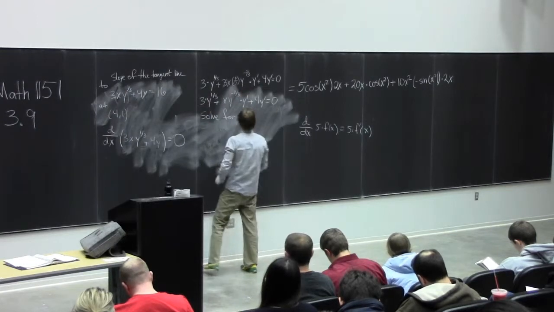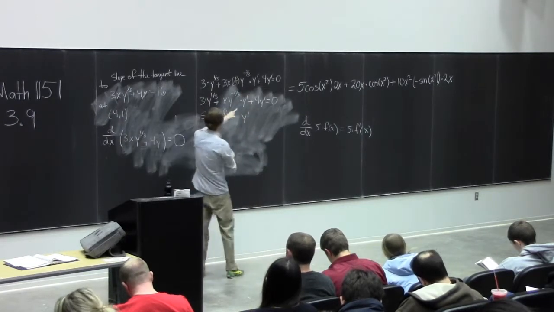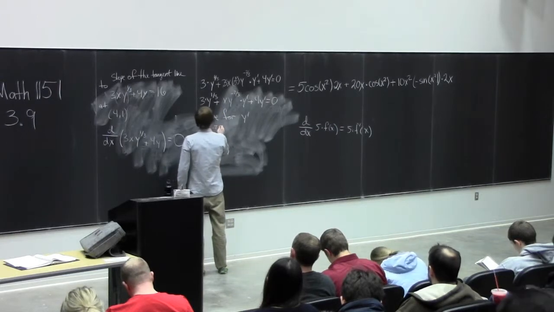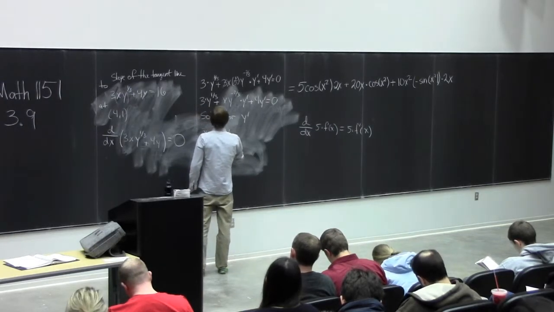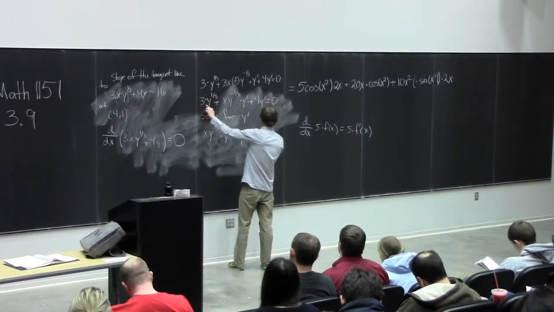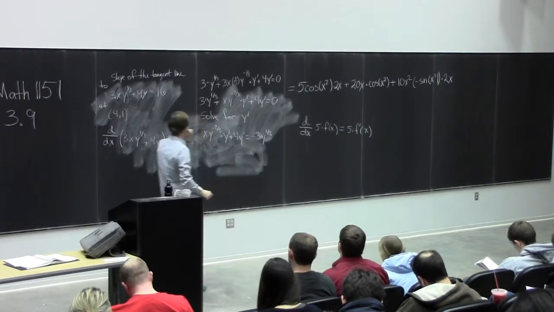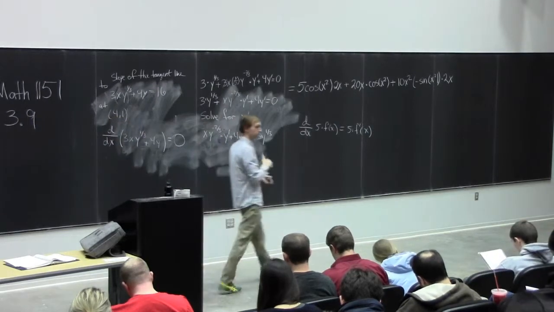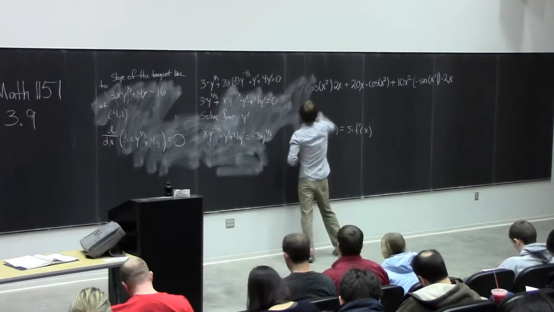We put these on the other side, so we get, oh, not this one. This one stays right here. xy to the minus 2/3 times y prime plus 4y prime is equal to minus 3y to the 1/3.